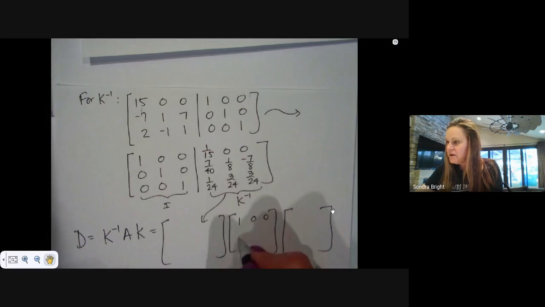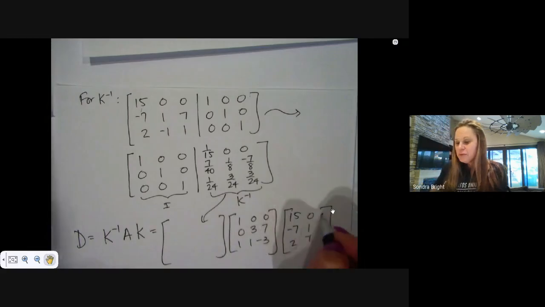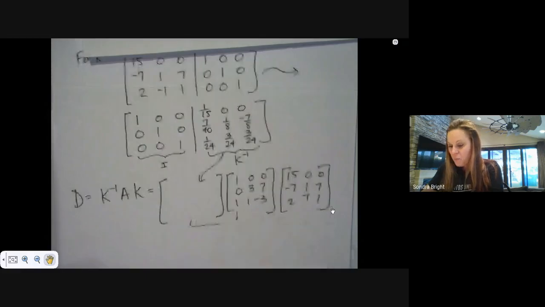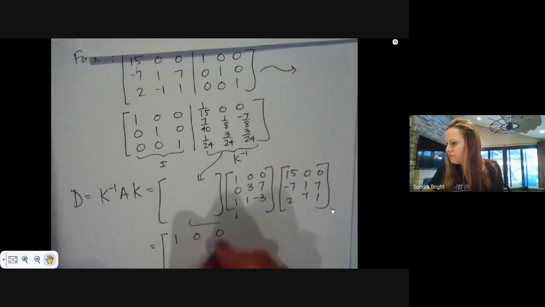And then K was where your eigenvectors were, your columns, 0, 7, 1. If you multiply these out, you multiply these two together and you'll get a 3 by 3. And then you multiply it times that 3 by 3, and you will end up with a 1, 0, 0, and a 0, negative 4, 0, and a 0, 0, 4.